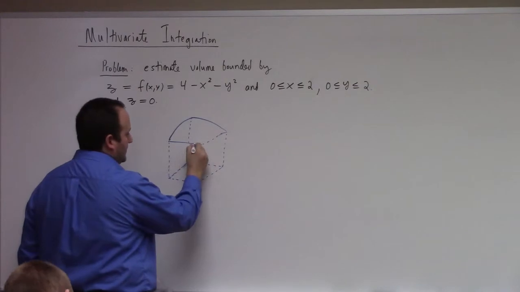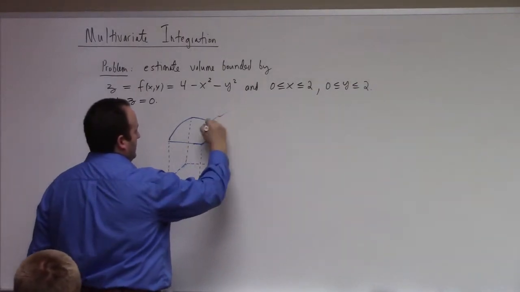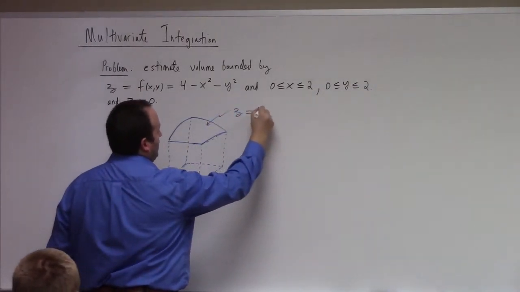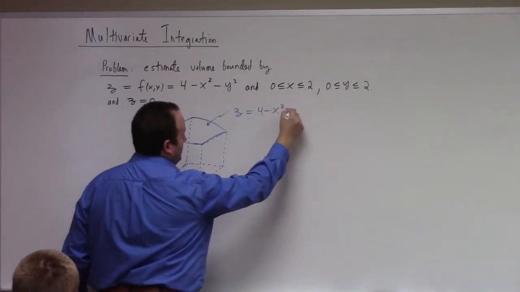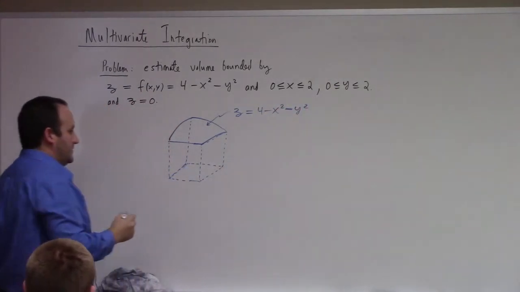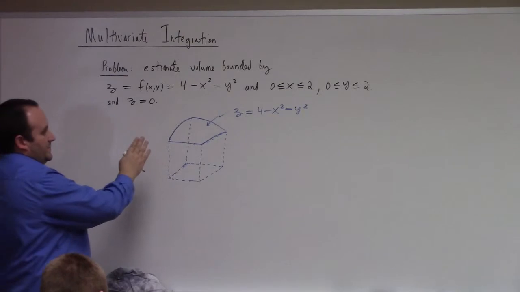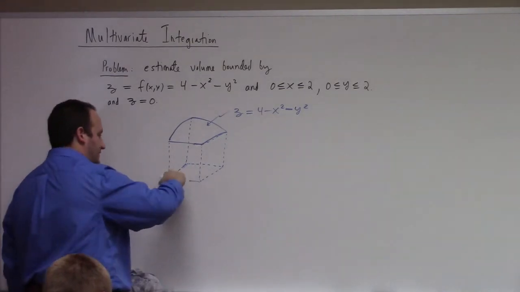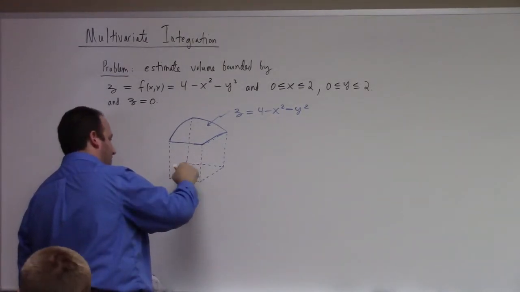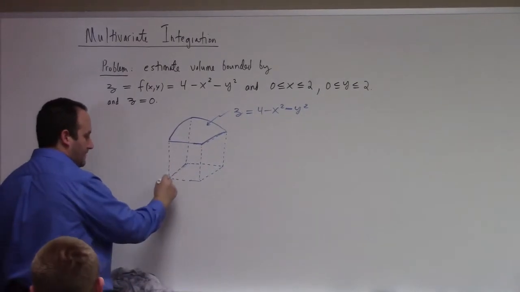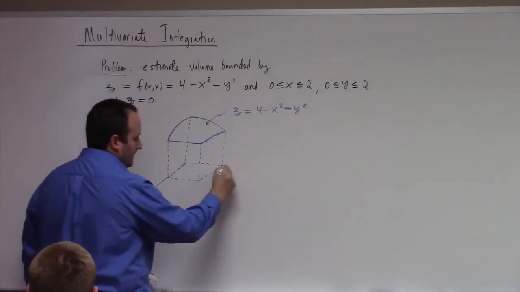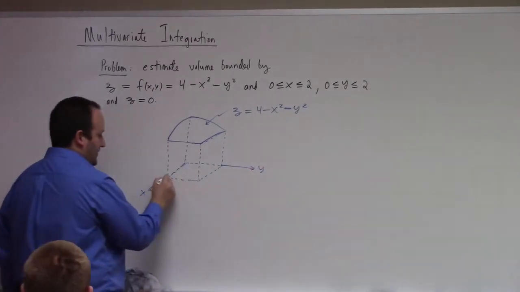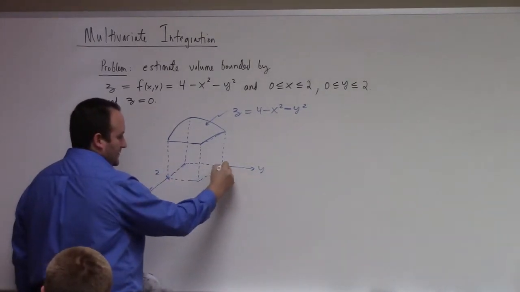So the top here is z equals 4 minus x squared minus y squared. And then I'm only looking at between, let's see, this would be what? What's this here? So here's the 2, here's 2, right?